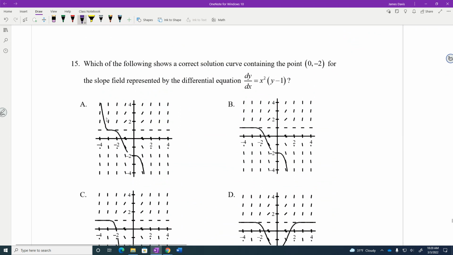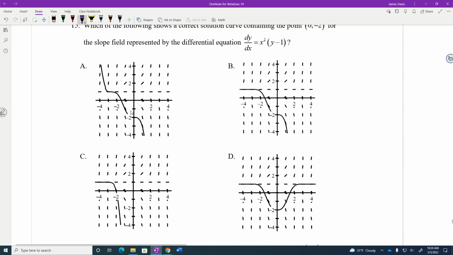So let's find which of these is the solution curve. This one's a little bit confusing. All of the slope fields look the same, right?